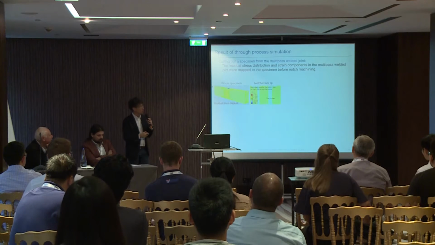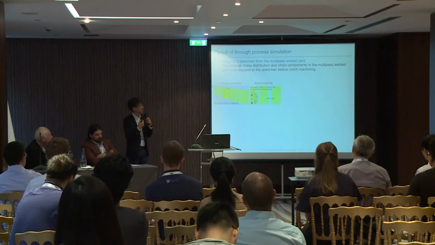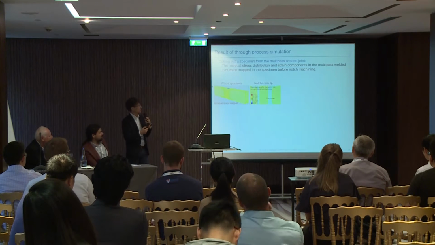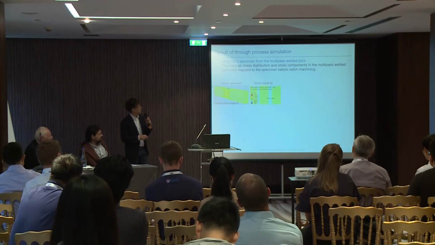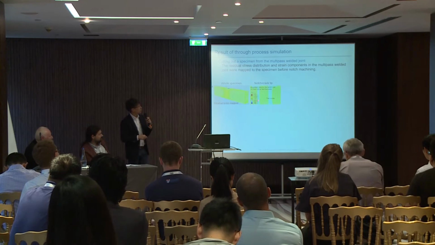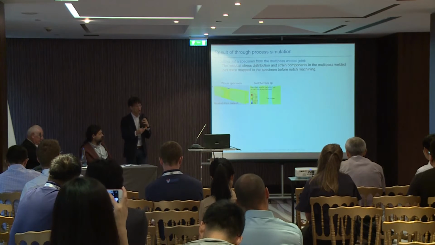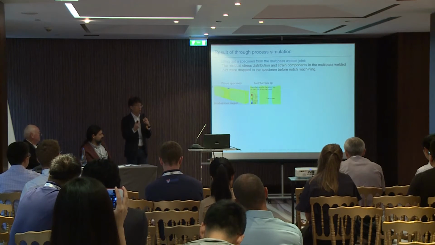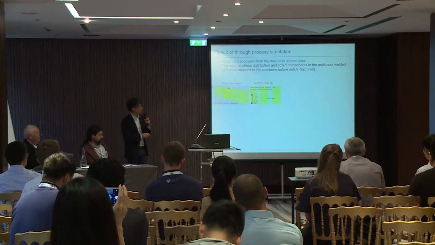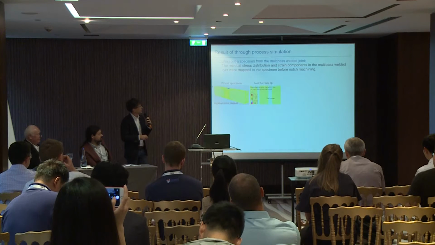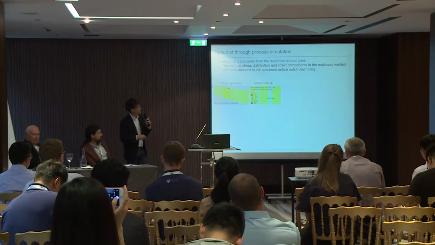I'd like to show the residual stress distribution throughout the simulation process. At first, this is the mapping result. This is the residual stress distribution after cutting this side of the specimen off from the multipass welded joint. There is no notch and no pre-crack at this stage.